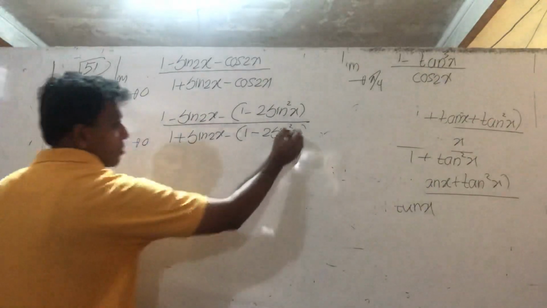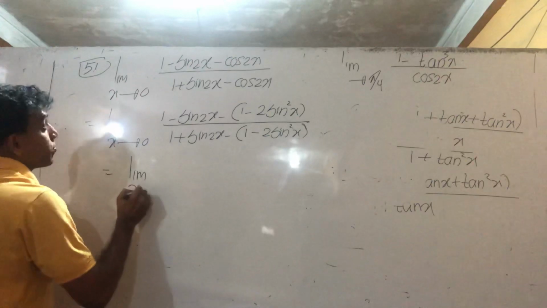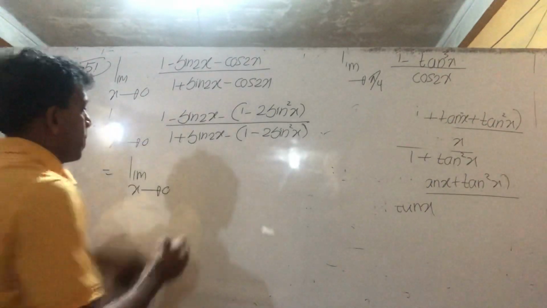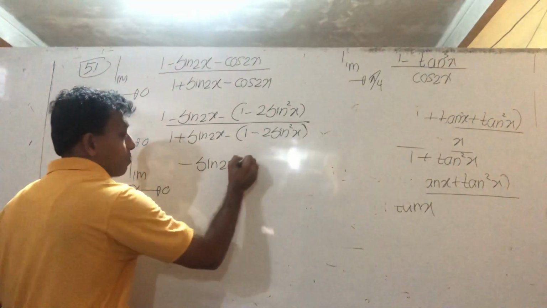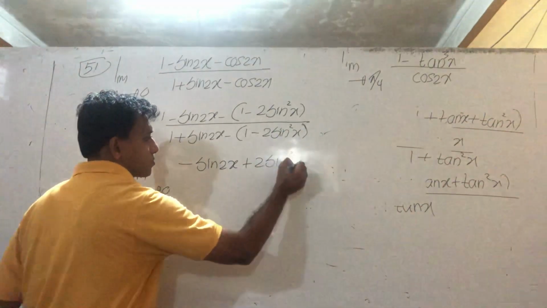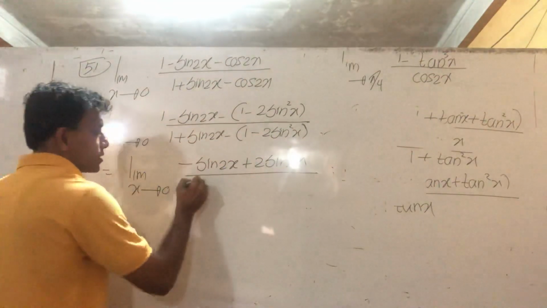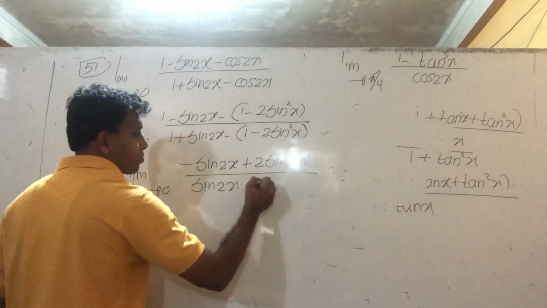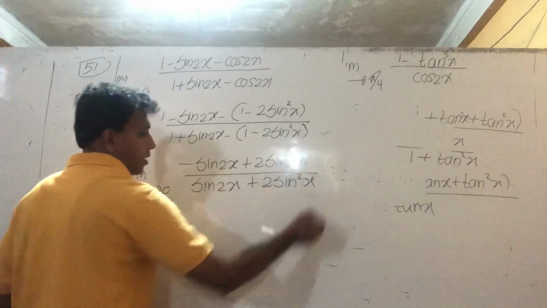Then what happened, the remaining part: limit x approaches 0, the 1 cancels, minus sin 2x plus 2 sin square x over, because the 1 cancels, sin 2x minus plus 2 sin square x.